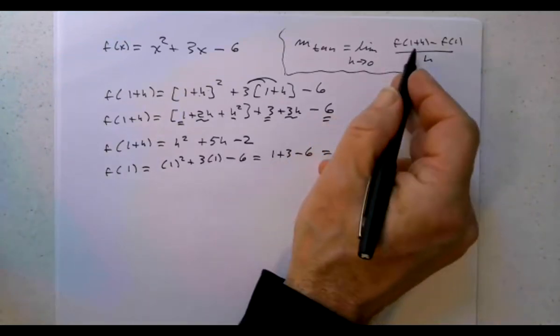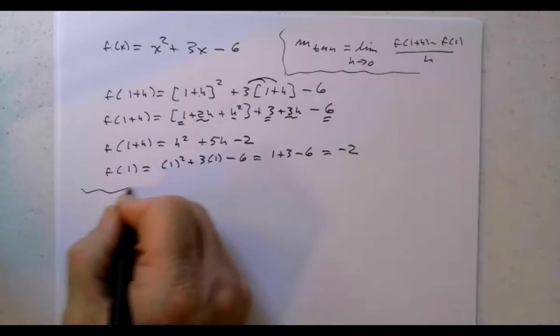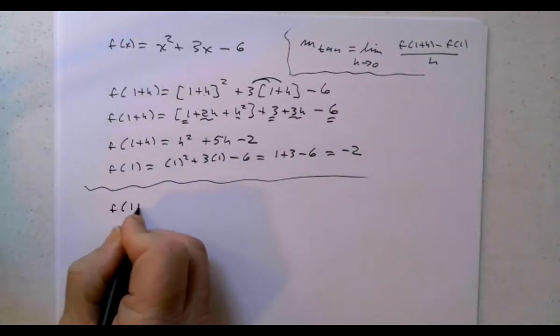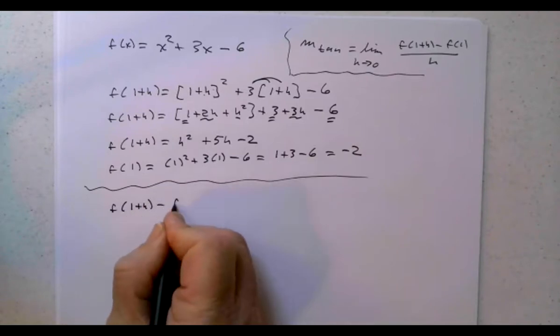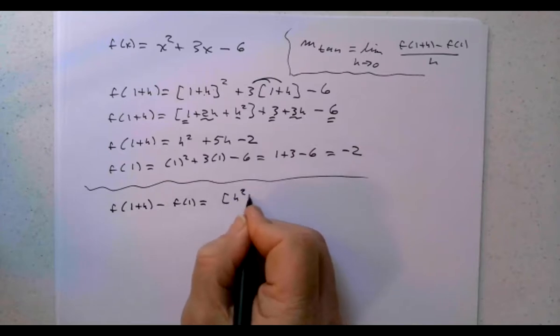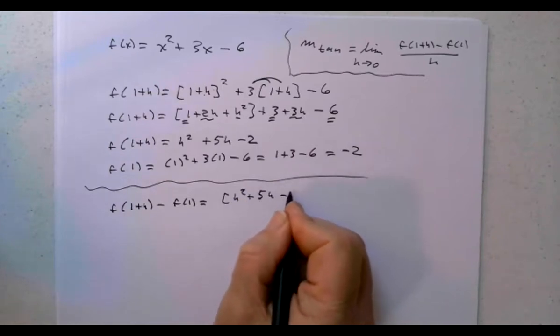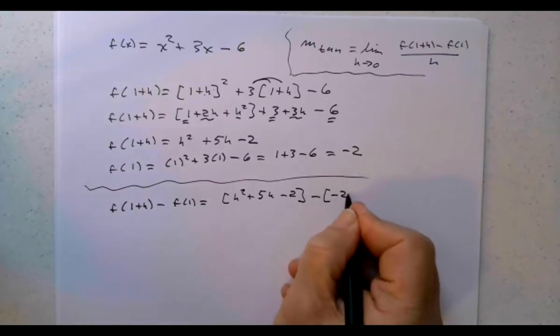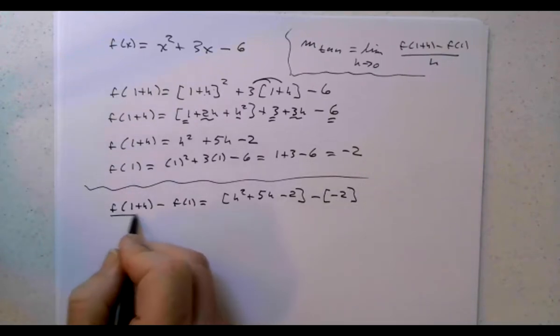So now I want to take a look at f of 1 plus h minus f of 1. What is f of 1 plus h? F of 1 plus h is h squared plus 5h minus 2, minus f of 1, minus negative 2, all divided by h.